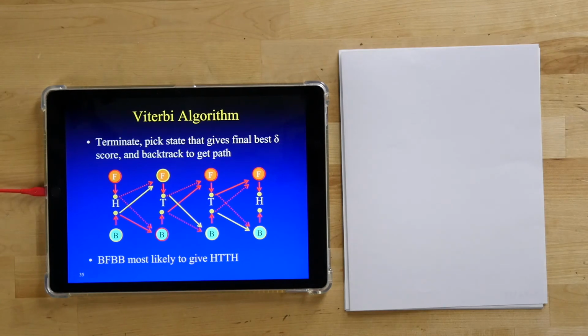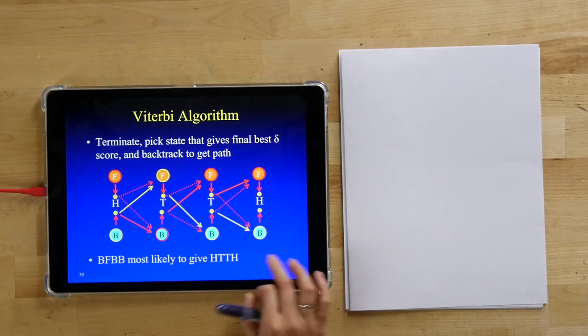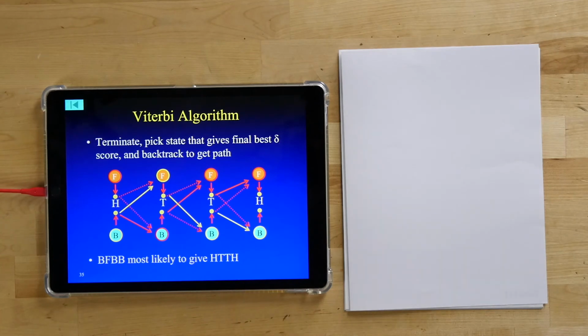So you can see here, the two algorithms, forward-backward versus the Viterbi algorithm, even though they try to solve the same problem, the final solution may or may not be identical, because their goals are actually slightly different. The Viterbi algorithm is asking, there are many possible paths to give me the string of observed coin flips. Which one is the path that will give me the highest probability of this particular string of coin tosses?